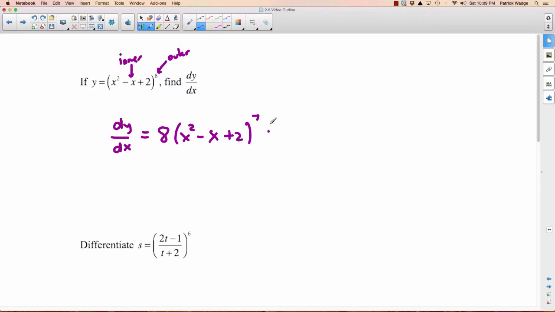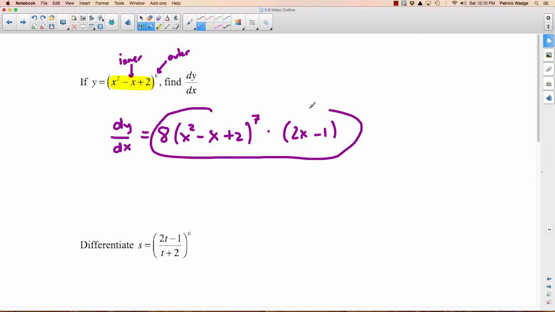Now we have to multiply by the derivative of the inner function. So we just look at the inner function. All we're looking at now is this, and you want to write down its derivative. The first term would be 2x, the second term would be minus 1, and the third term would be 0. You don't need to put it. So this is it. I don't think there's really any simplifying you could do here. You're not going to raise this to the 7th power. So I would just leave it like that. We're finished.